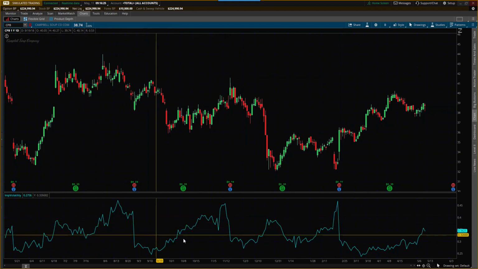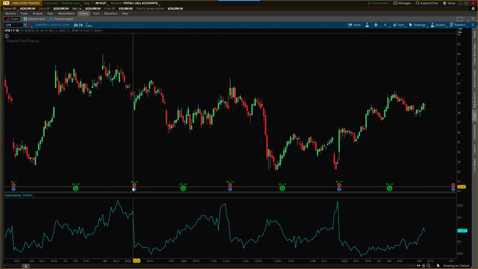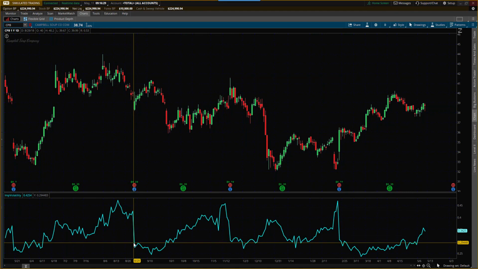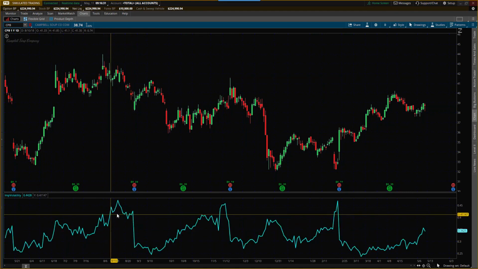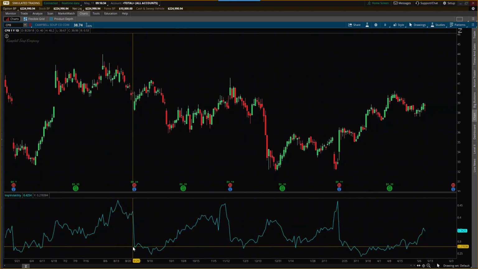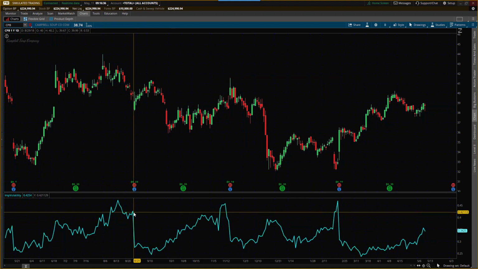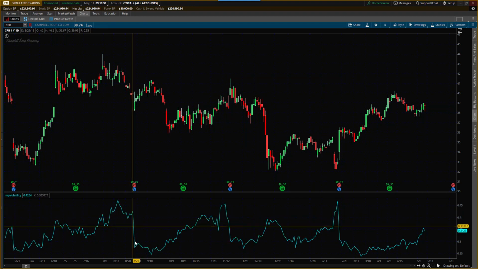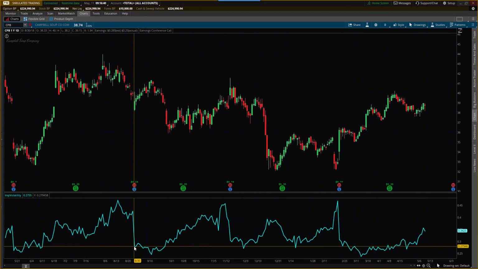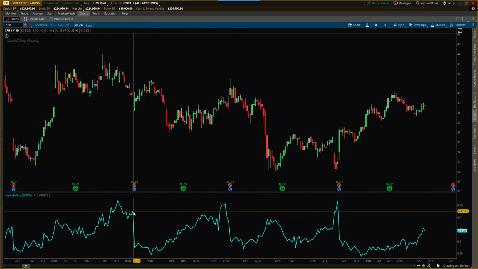This is a representation of implied volatility, and you can see that after every earnings announcement, Campbell's Soup took a massive crush in implied volatility. On this date, it went from 42 down to 27. Now we can just look at that 15 points of volatility.